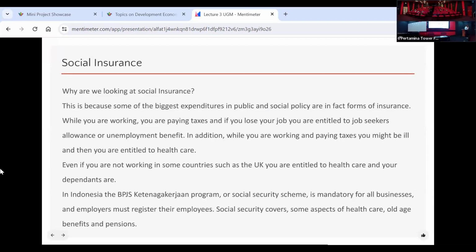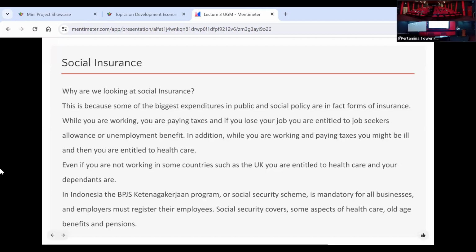For example, roads, lights, safety, jails, that sort of thing is part of our taxes. Even when you are not working, in some countries, like in the UK, but in all countries, you are entitled to some level of social insurance.